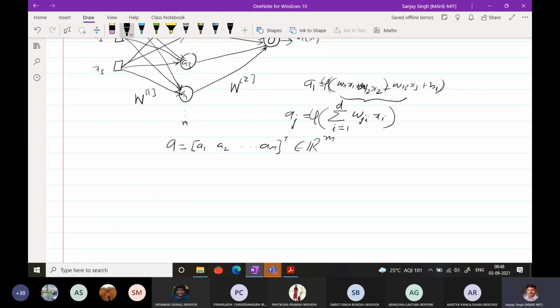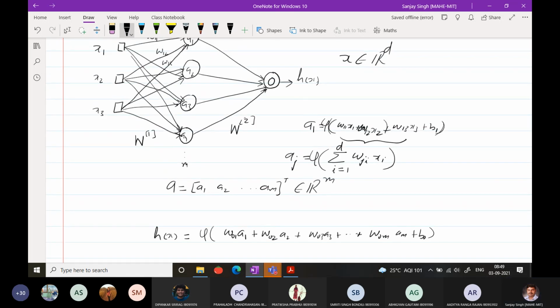So I can write h of x equal to some phi, whatever it may be, and then we'll write W_O1 A1 plus W_O2 A2 plus W_O3 A3, say plus W_OM AM, and of course the bias for this. Is that okay? Yes, sir.